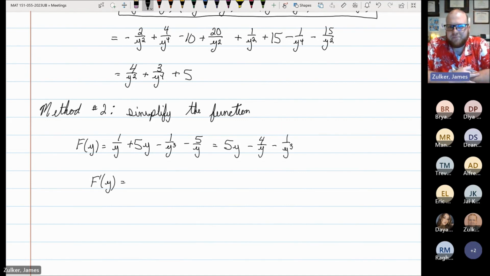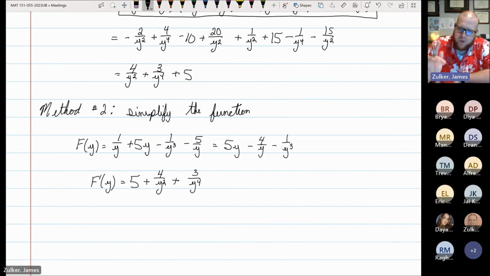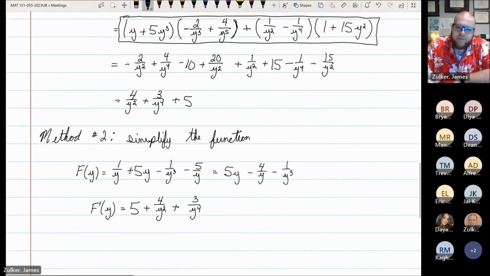And now differentiate. Five plus 4 over y squared plus 3 over y to the fourth, which you should notice is exactly what we got when we fully simplified after using product rule.